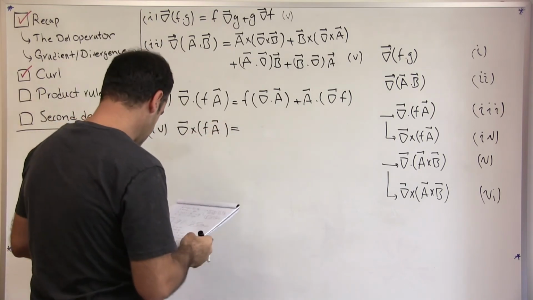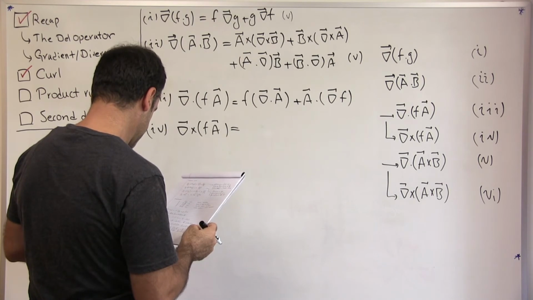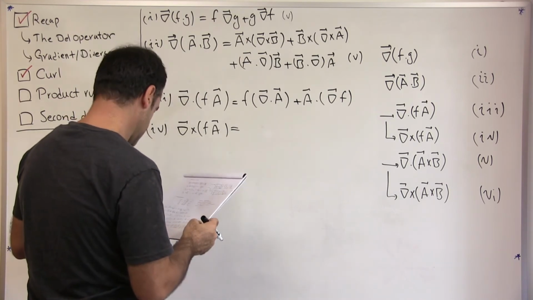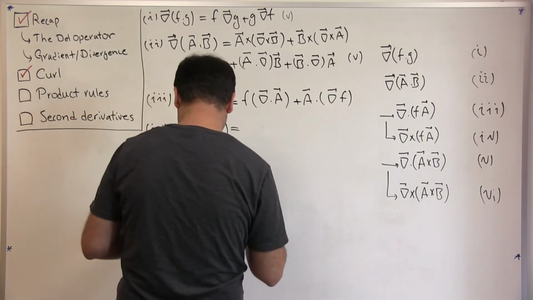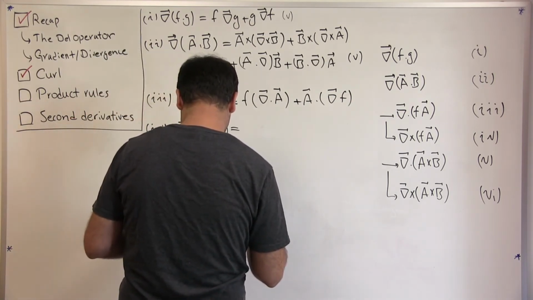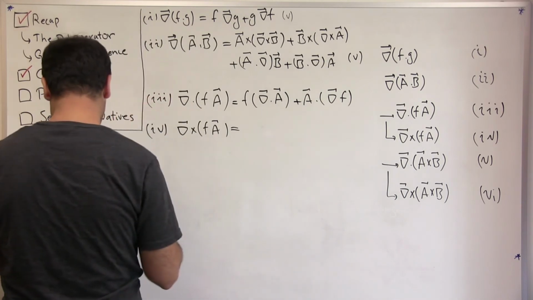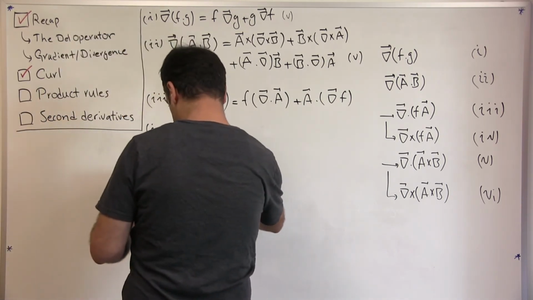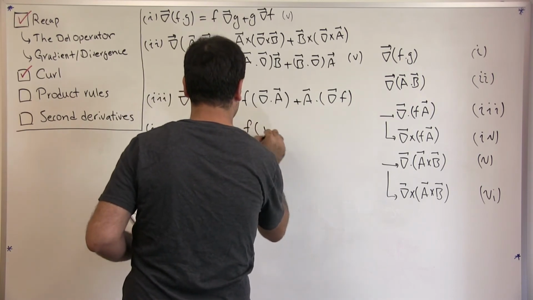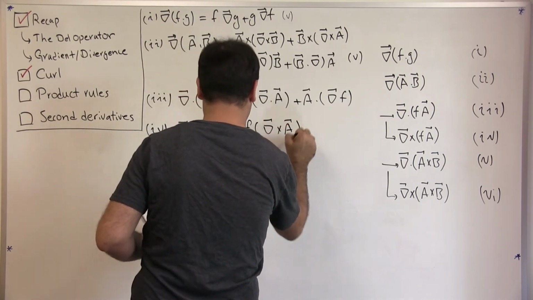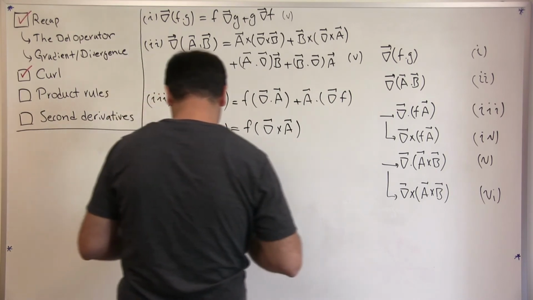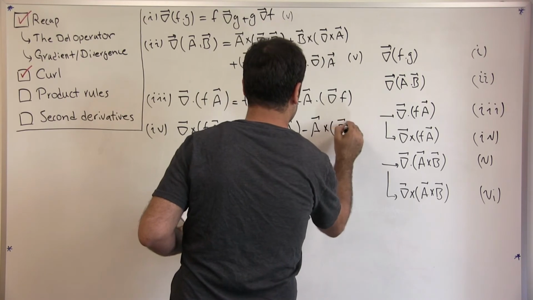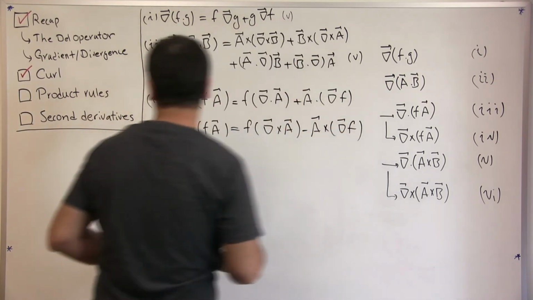And that is equal to f times the curl of A minus A cross gradient of f.